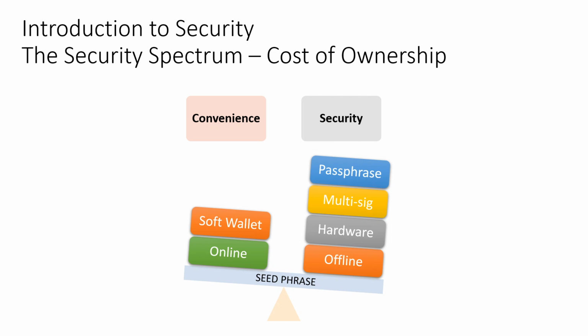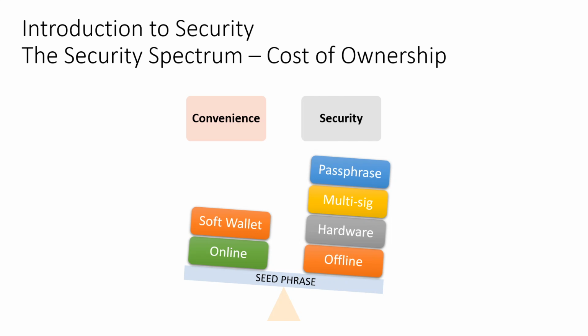In that instance, the cost of ownership has just been too high, and in a lot of cases when that happens, people just don't abide by the rules they've set up and start taking shortcuts. All the security practices you've put in place, because they're inconvenient, you just end up not using correctly or at all. So what we're about is trying to find the right balance between convenience and security.